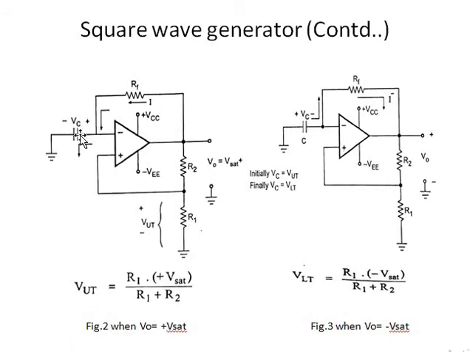That is, when the input to this terminal becomes equal to, or slightly increases beyond, the available voltage over here, then the output will switch to its negative stable state, because when the inverting terminal input becomes greater than non-inverting terminal input, the output will switch to its next stable state.